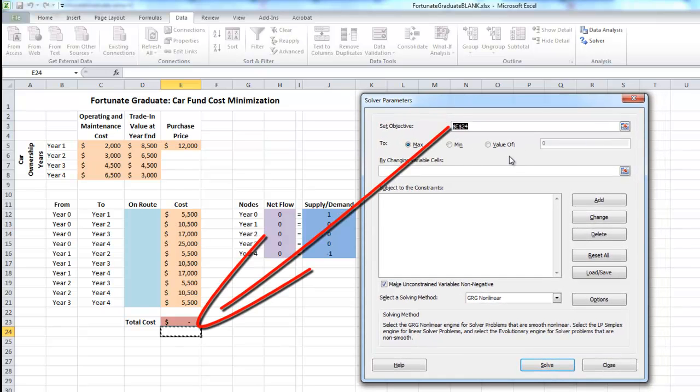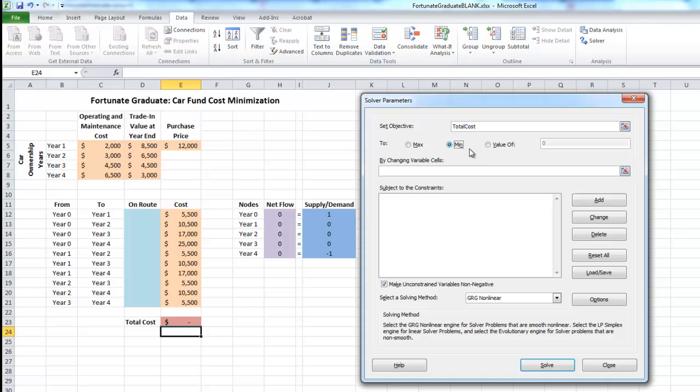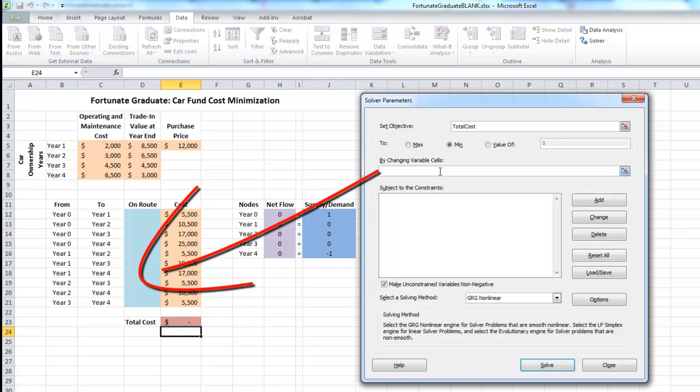Okay, now remember our objective is total cost. So in the objective field will be total cost. And we want to minimize total cost, so we'll select the MIN radio button. And we want Excel to change all the cells in the on route column. So this is on route.